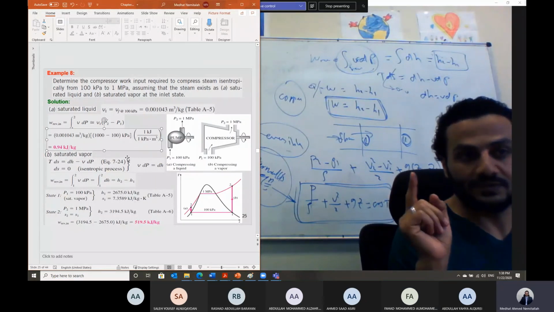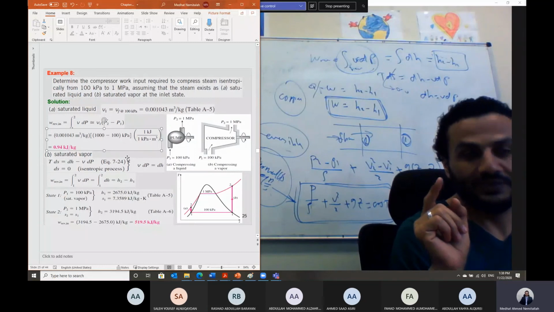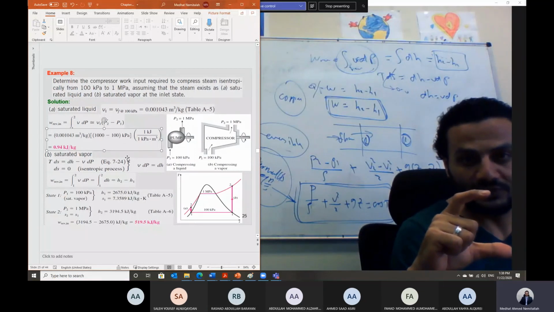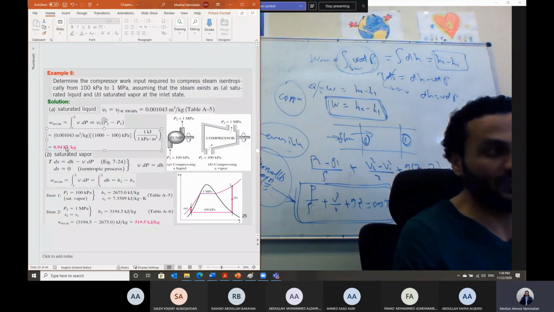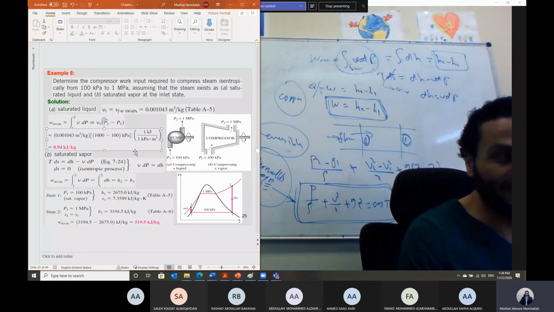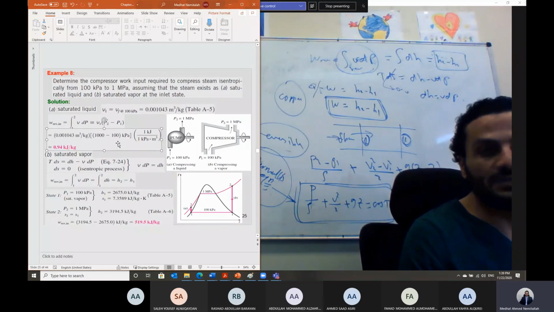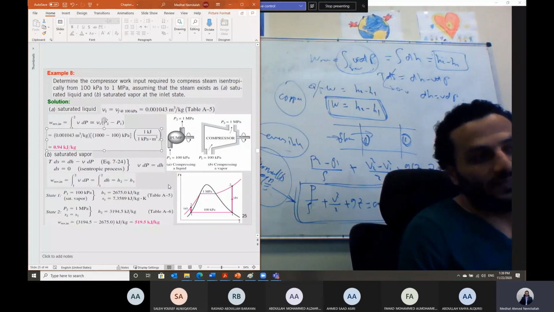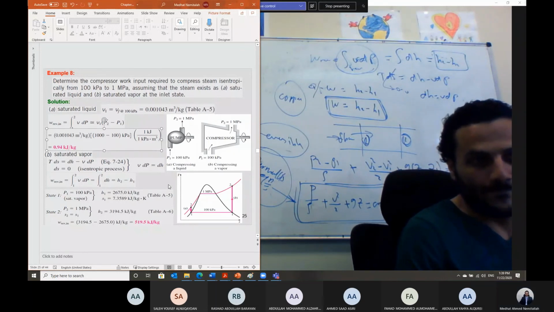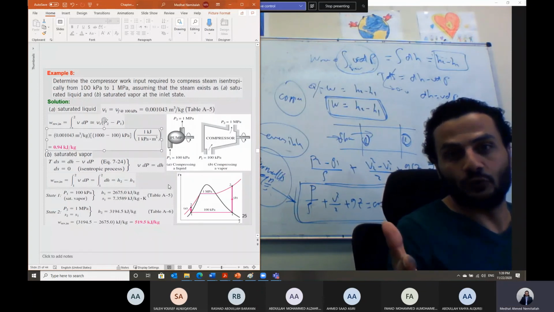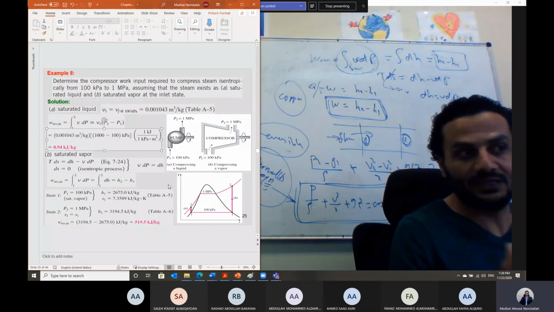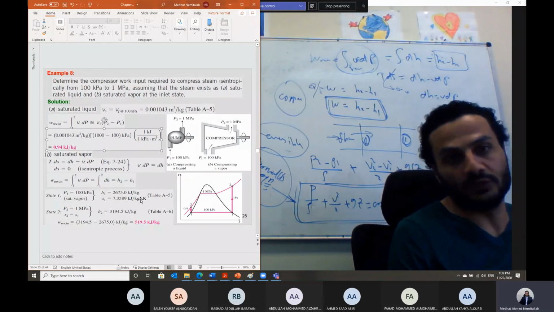So to compress the same amount of substance between the same pressure values, if it is liquid, the power required to drive the pump is much less than if the fluid is gas. Why is this, Shabab? Because of the volume of the gas. Gas has a higher volume in this case, so to compress the gas, we have to apply more work.